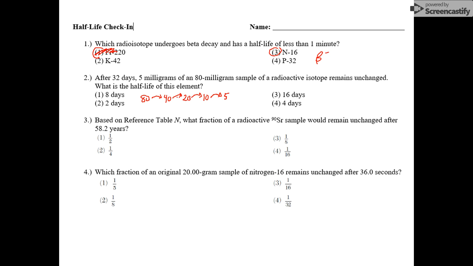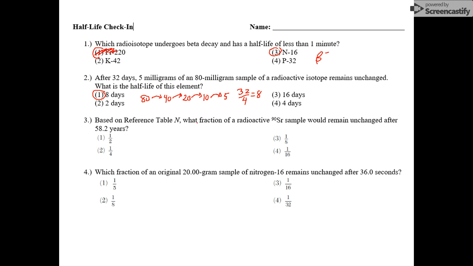So how many half-lives passed? 1, 2, 3, 4 half-lives. 32 days is 4 half-lives. So 32 divided by 4 equals 8 days. Each half-life must be 8 days, because 32 days was how long it took to do 4 half-lives.